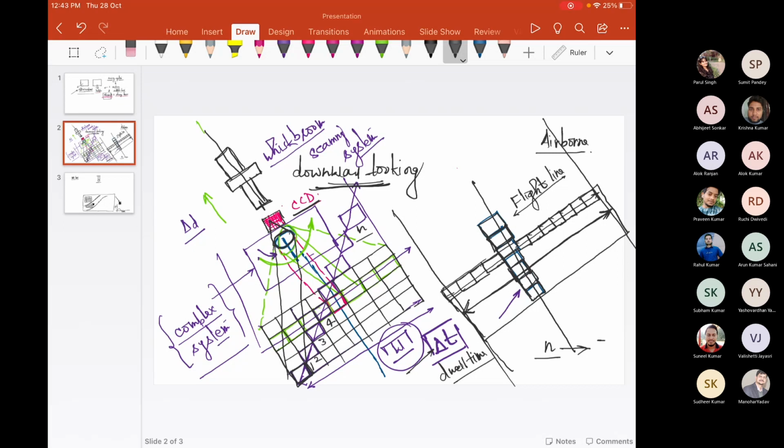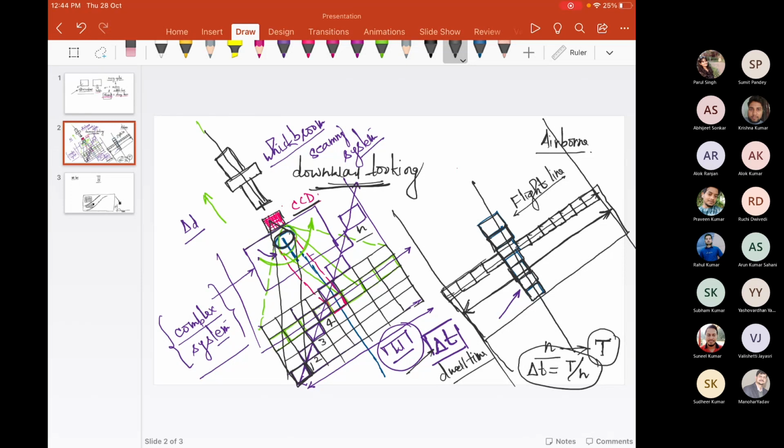The total time taken by the sensing system to sense them is capital T. Then the time taken for each, delta t, which I call dwell time, will be capital T divided by n.